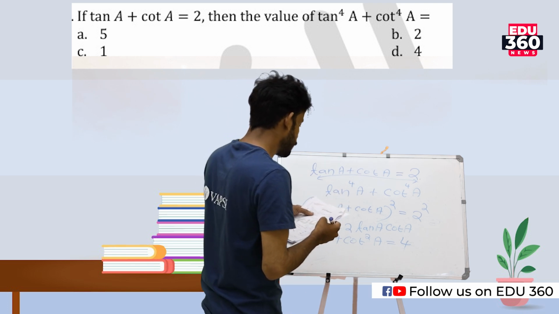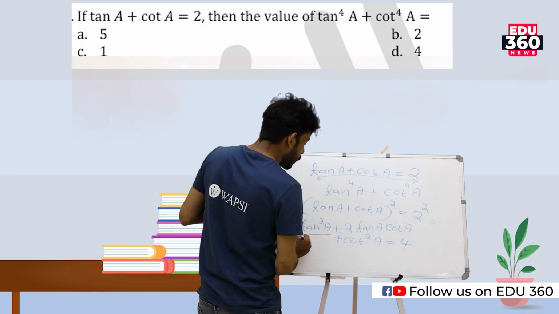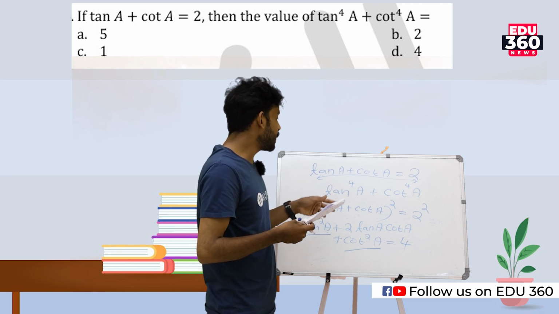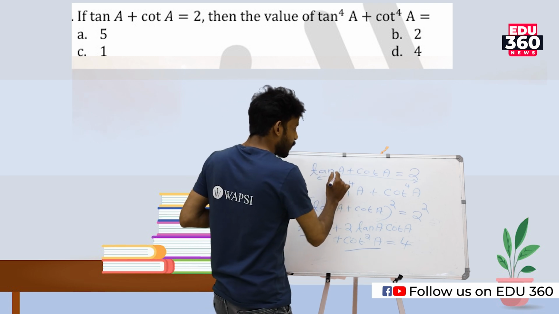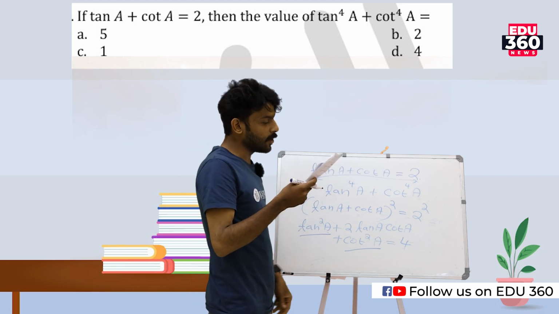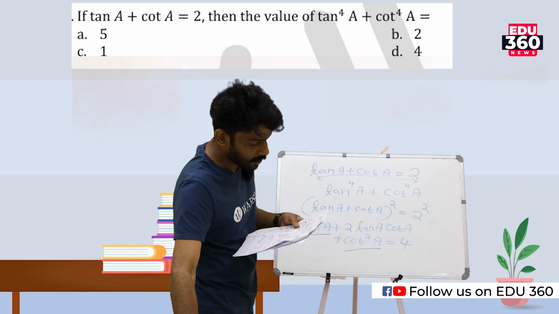Again, now look at here. Tan square A plus cot square A. What is that? We know that tan square A plus cot square A, just square here. So the value will be equal to 4.